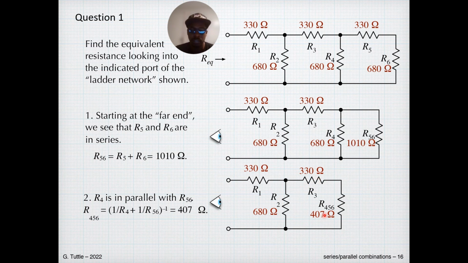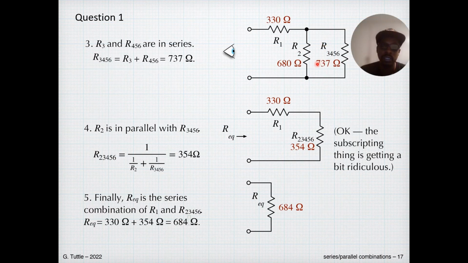This combination is added as a series circuit, so that would yield 737. 737 is the value we get from adding R3 and R4,5,6. So these are 737 ohms.